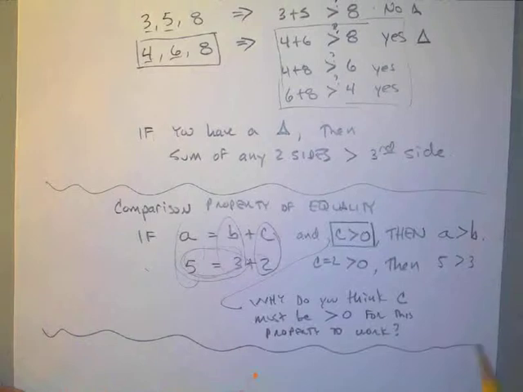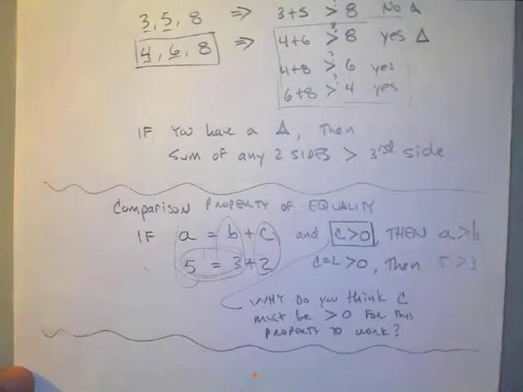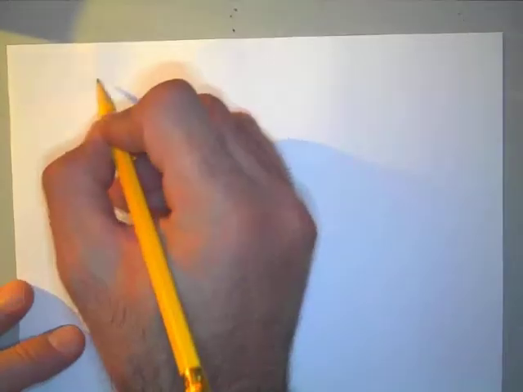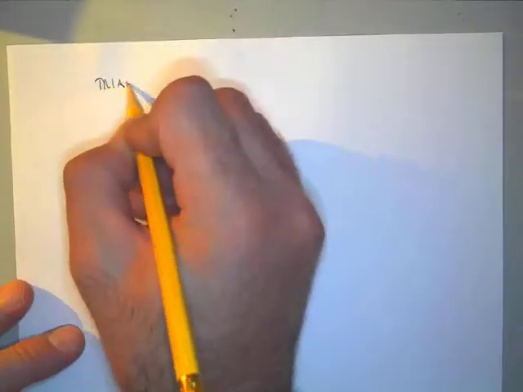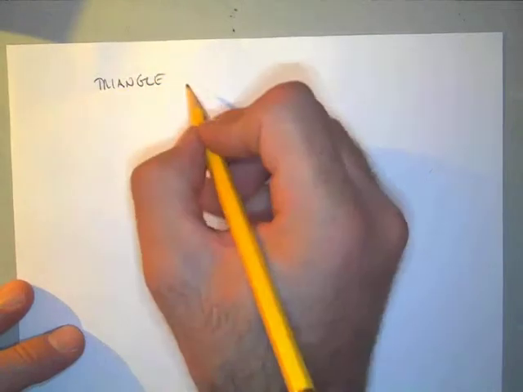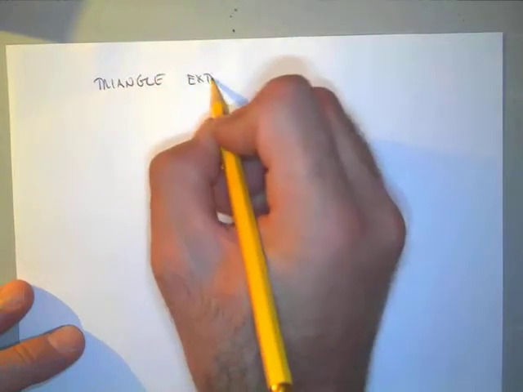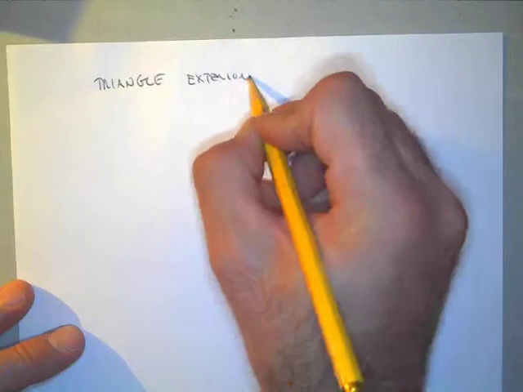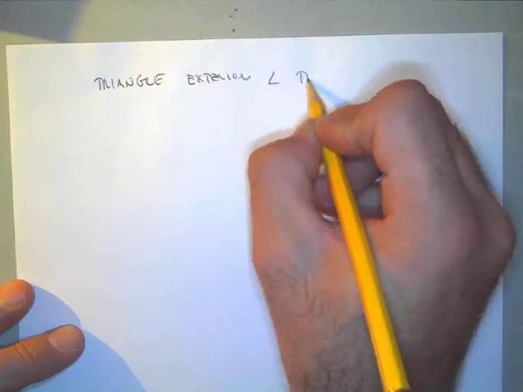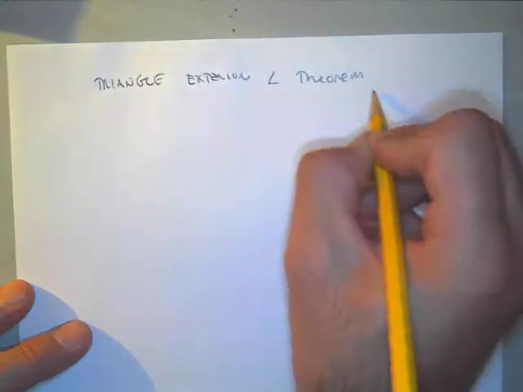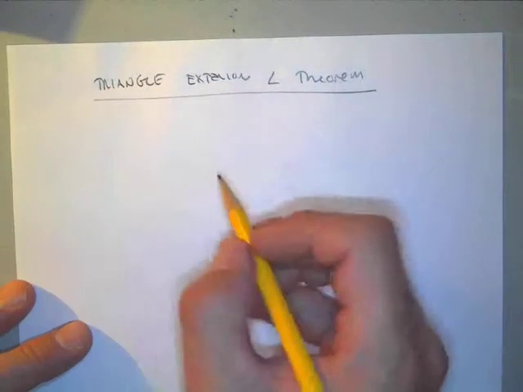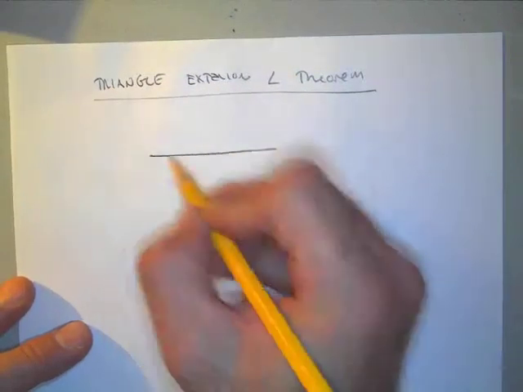Okay. All right. Well, here's the next thing. I'm going to change pages. And what happens is I'm going to give you what's called the triangle exterior angle theorem. And it works like this.